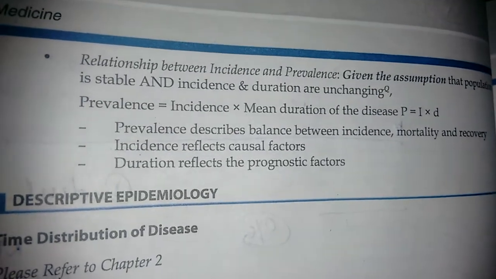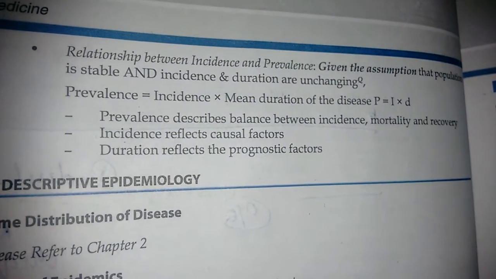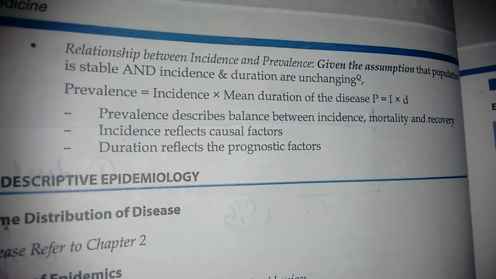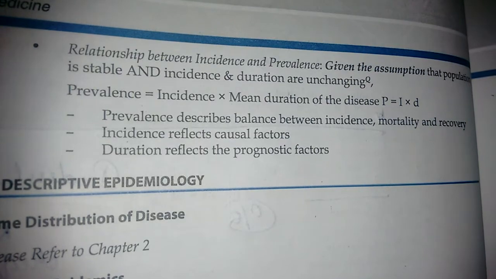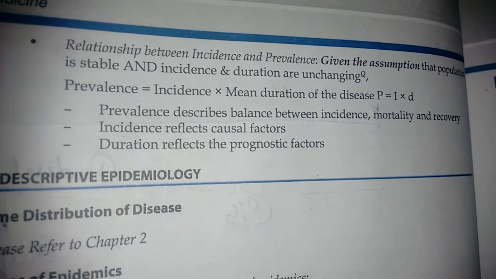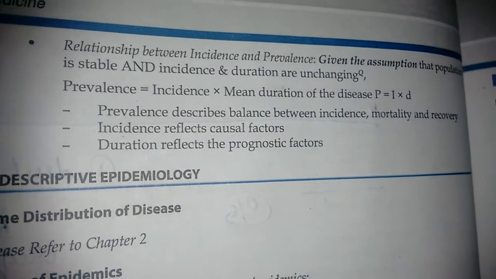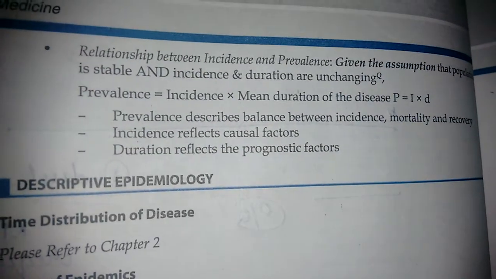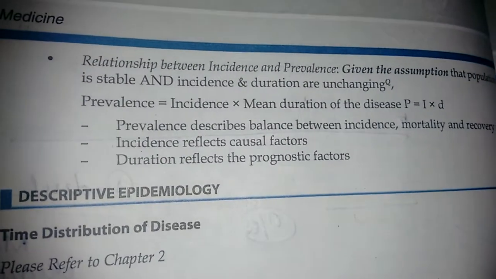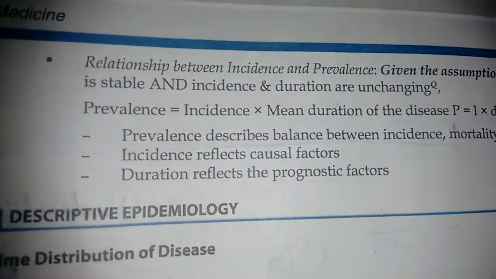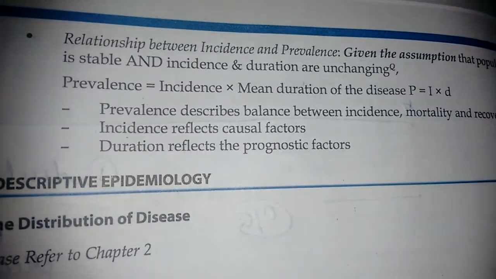Prevalence describes the balance between incidence, mortality and recovery. Incidence reflects causal factors, while duration reflects prognostic factors.